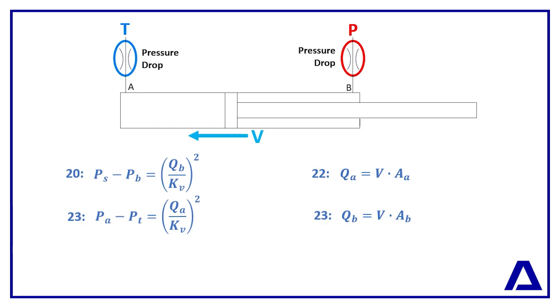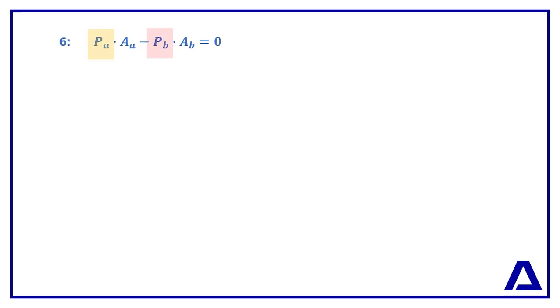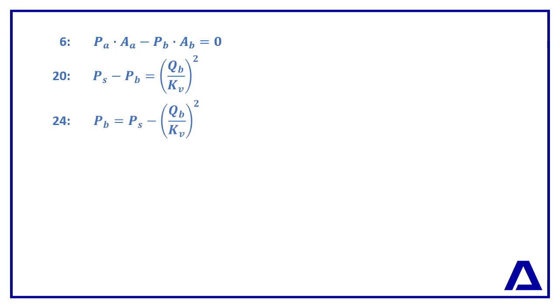Recall equation 5. Force A minus force B equals 0. And equation 6, where the forces are substituted with pressure times area. Now we find pressure A and pressure B again. From equation 20, we rearrange to get 24. Pressure B equals supply pressure minus flow B divided by the valve constant squared.